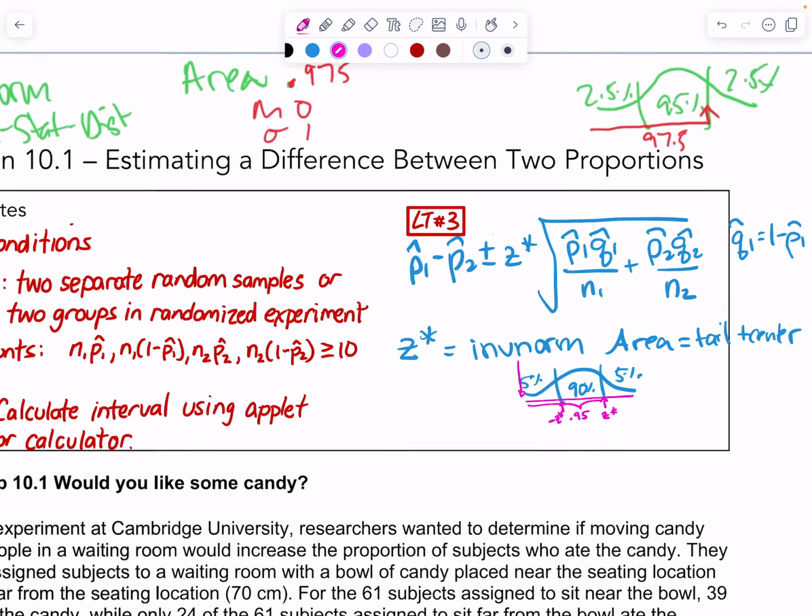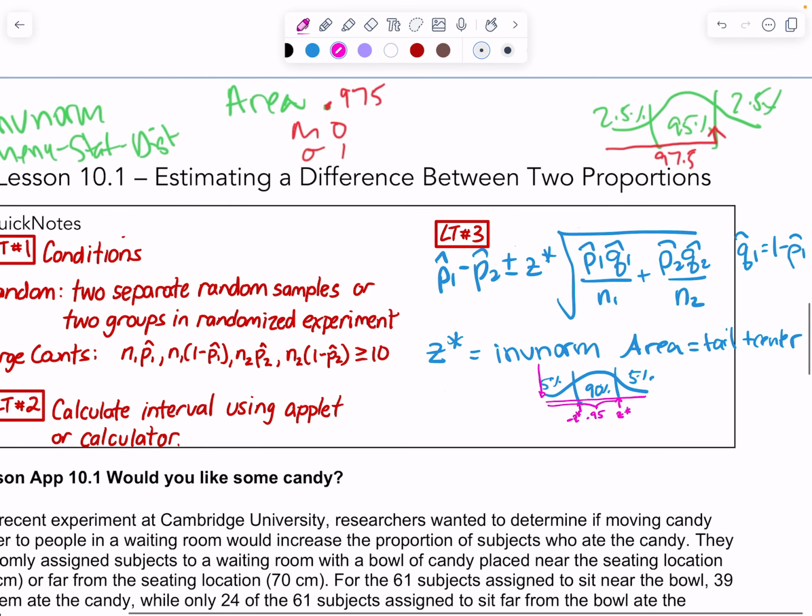Okay, and then for this, of course, our steps that you did, really it's learning target number 4. And for that, we are showing the state, plan, do. The word I like to use is PANIC, which is parameter, which you guys have already done. Parameter, of course, that's in words. It describes it in words.